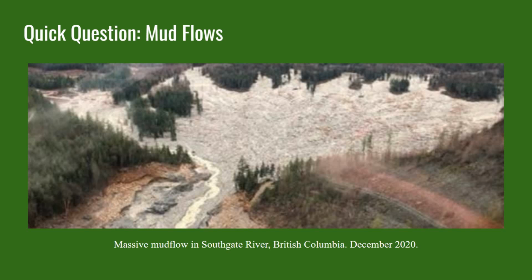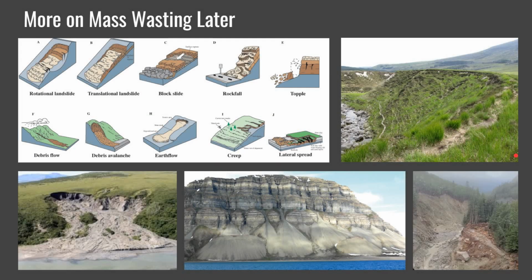And my take on it is that it's a combination of both, because you need the gravity to move them, but when they get to the flatter part like this, they do spread out sort of in a flowing manner. We'll talk more about mass wasting later, but here are some examples of both slow and fast mass movements.